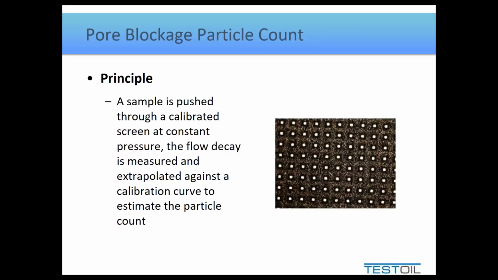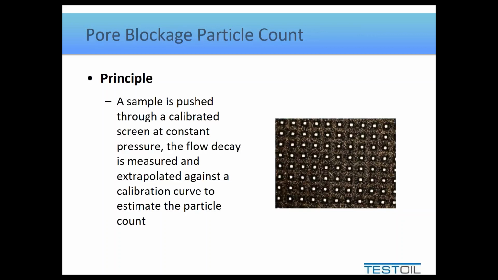So what we're assuming is that the particles that first begin to plug the pores will obviously be at the pore size or larger, but then the particles that begin to be trapped will be smaller and smaller, because there'll be fewer and fewer holes to go through. So there is an assumption built into this test as well.